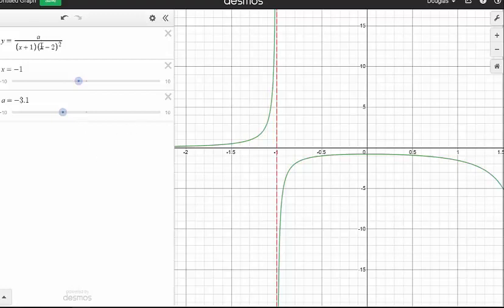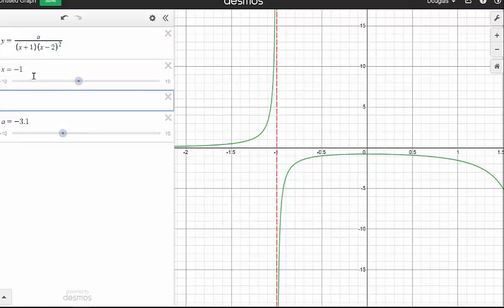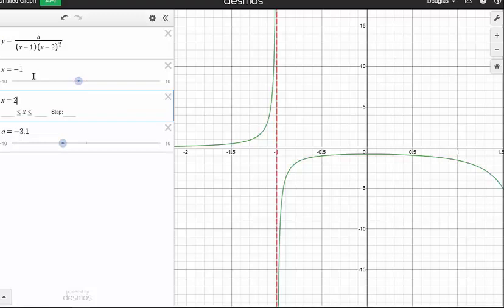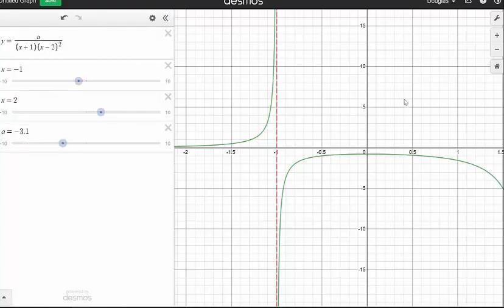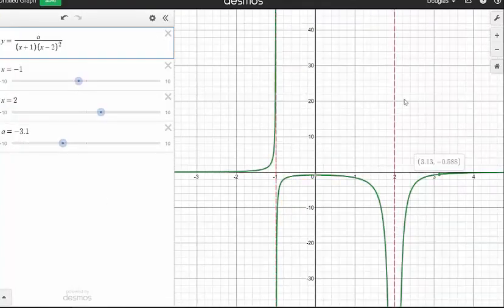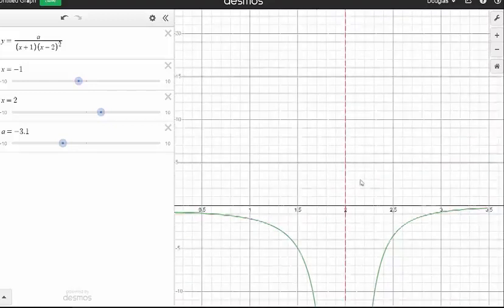All right, so let's take a look at this one, right? X minus 2, so that's going to be an asymptote at x equals +2, right, because it's always a different sign. And so let's go ahead and look at that spot. So we notice that they're both on the same side, right?